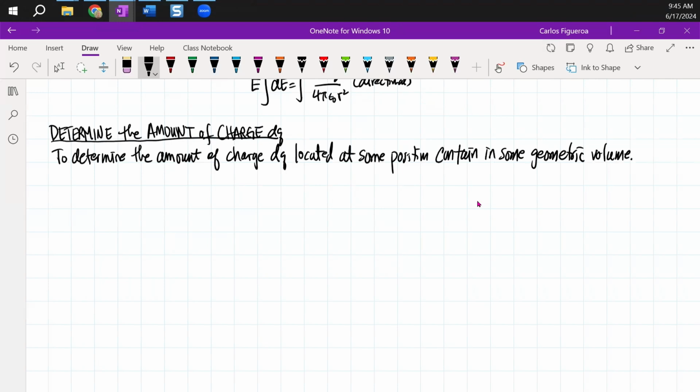Now that could be a linear volume, a surface volume, or a volume.